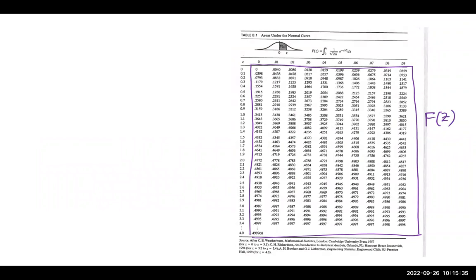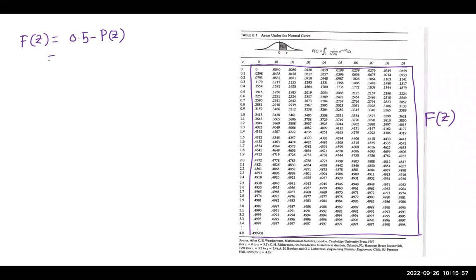It's not exactly probability here. For this one, it's 0.5 minus that probability, so Fz is 0.5 minus Pz, where Pz is the probability.